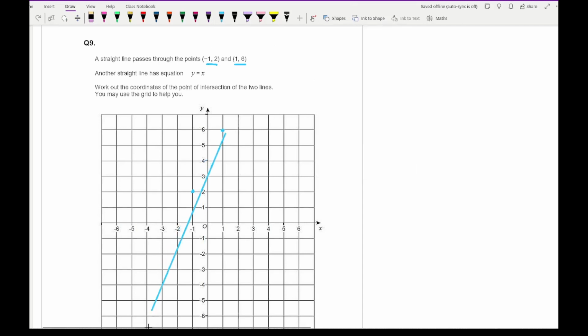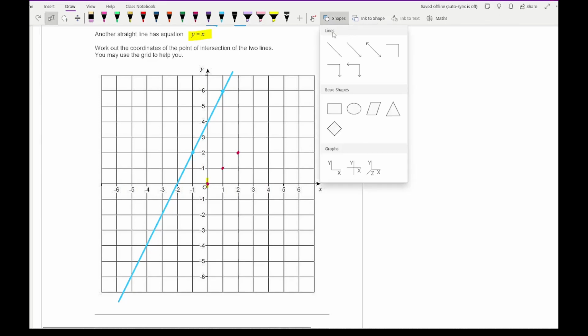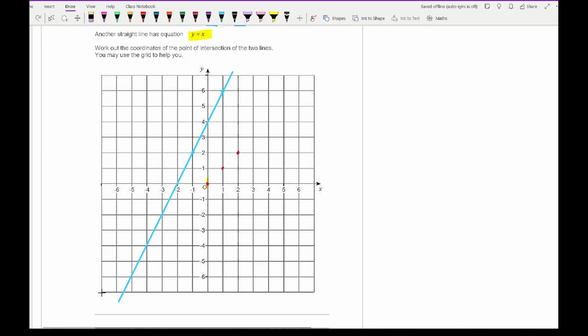So if I just quickly try and do that, and let me just match them up like so, and then y equals x, which is this line here that I then need to draw, is basically 0, 0, 1, 1, 2, 2, etc. And then all I then need to do is draw a straight line that connects all those points up, and let me do that.